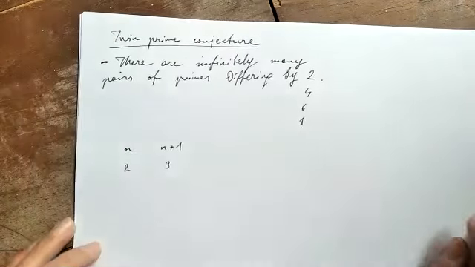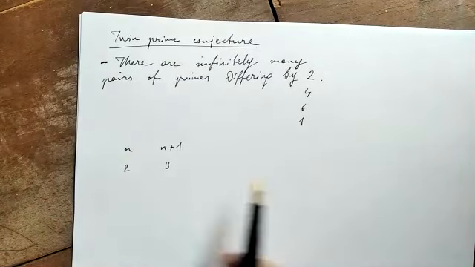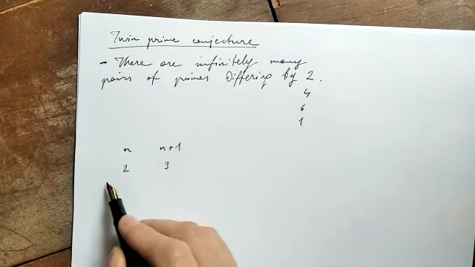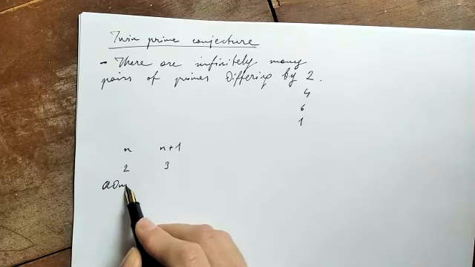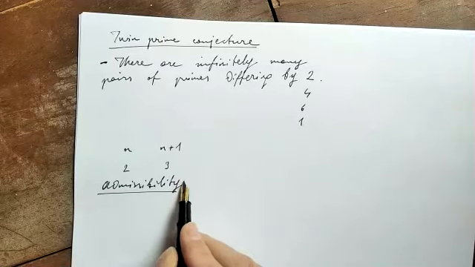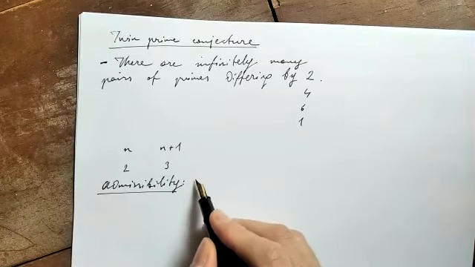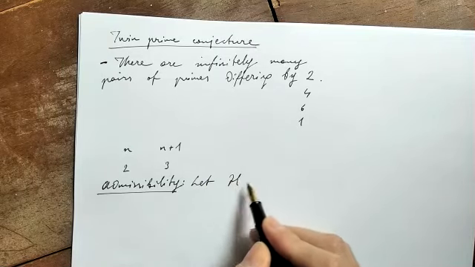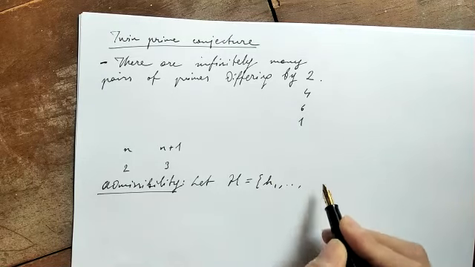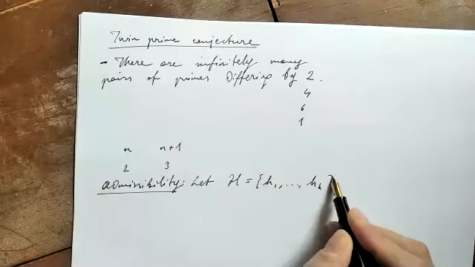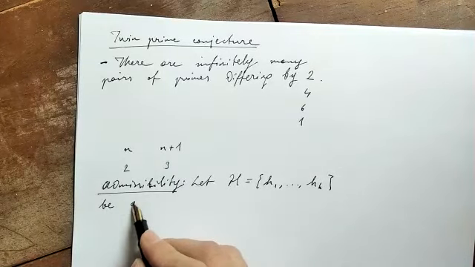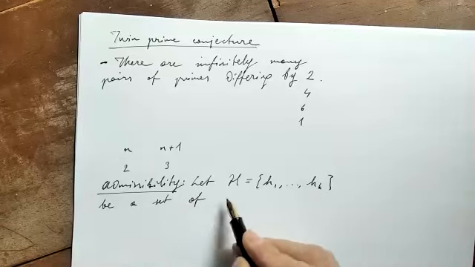This rather trivial obstacle admits a generalization, and that notion is called admissibility. Let H be a set of k integers.